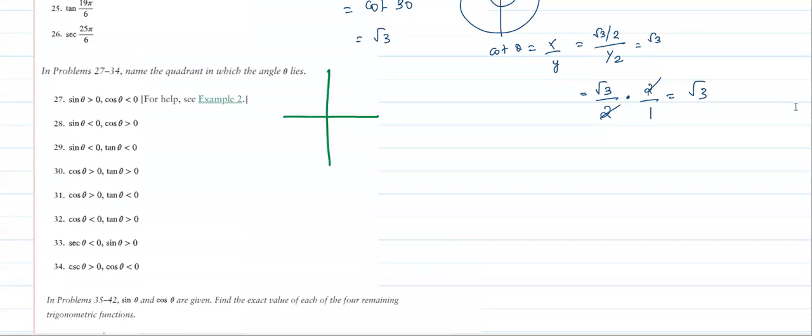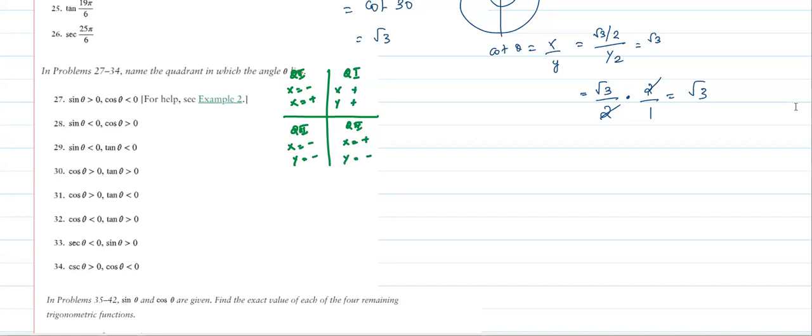In quadrant 1, remember, x and y are both positive. In quadrant 2, x is negative, y is positive. In quadrant 3, both x and y are negative. In quadrant 4, x is positive, y is negative.